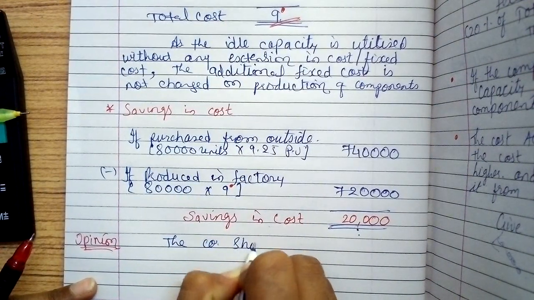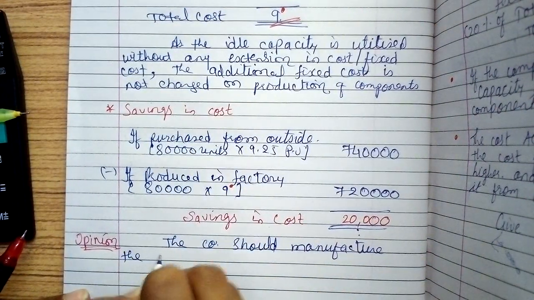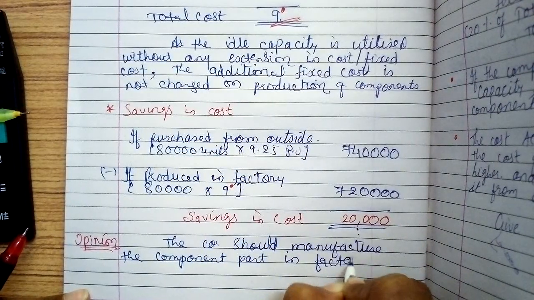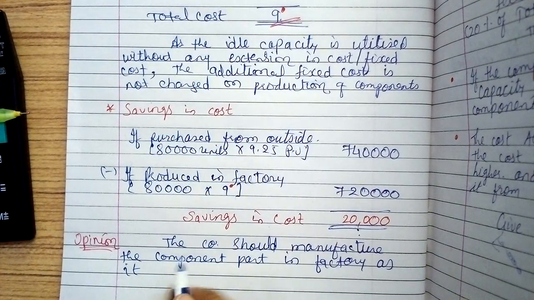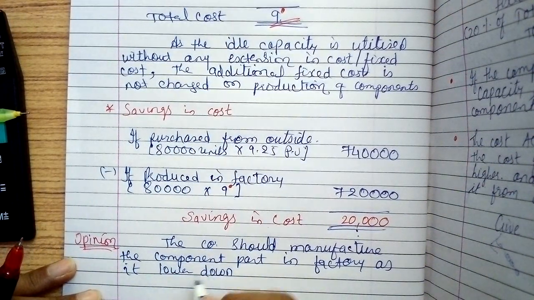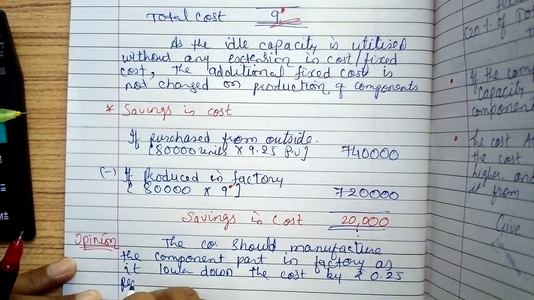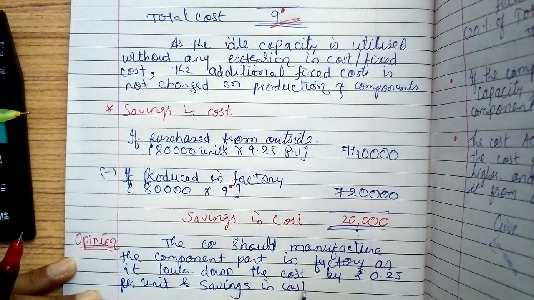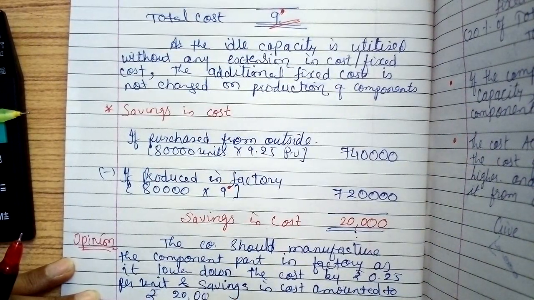The company should manufacture the component part in factory as it lowers down the cost by rupees 0.25 per unit and savings in cost amounted to rupees 20,000.